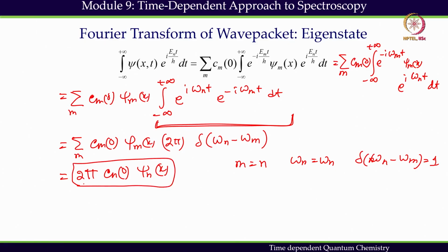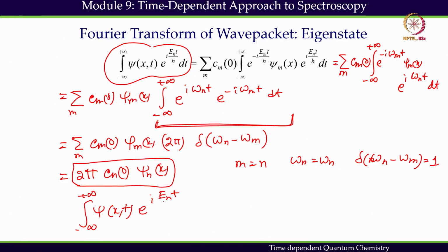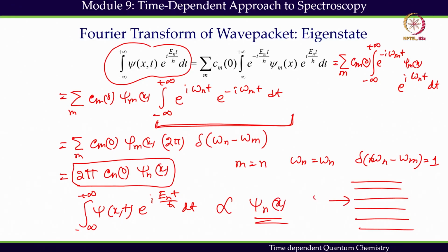And what is this simplified form? We are actually calculating this integration. So what we are getting, this integration minus infinity to plus infinity psi x t e to the power i En t by h cut dt, is actually proportional to psi n x. What is psi n x? Psi n x is the eigenstate wave function, and I am doing this Fourier transform at En.